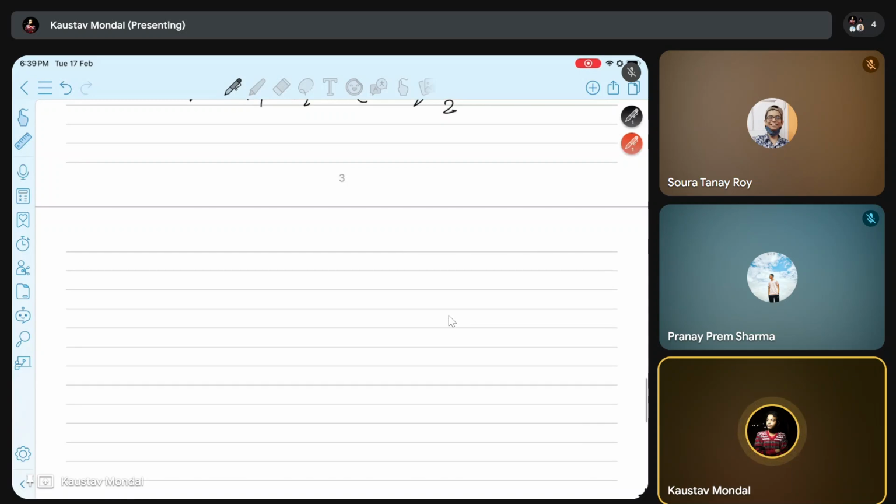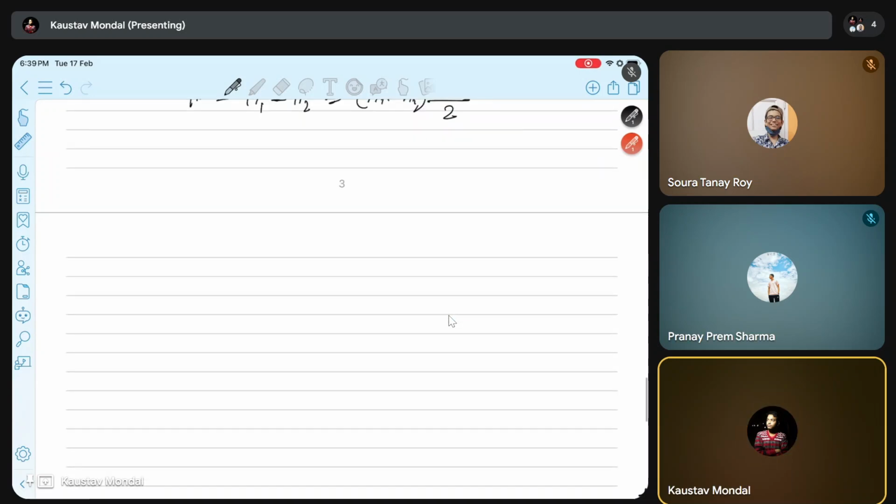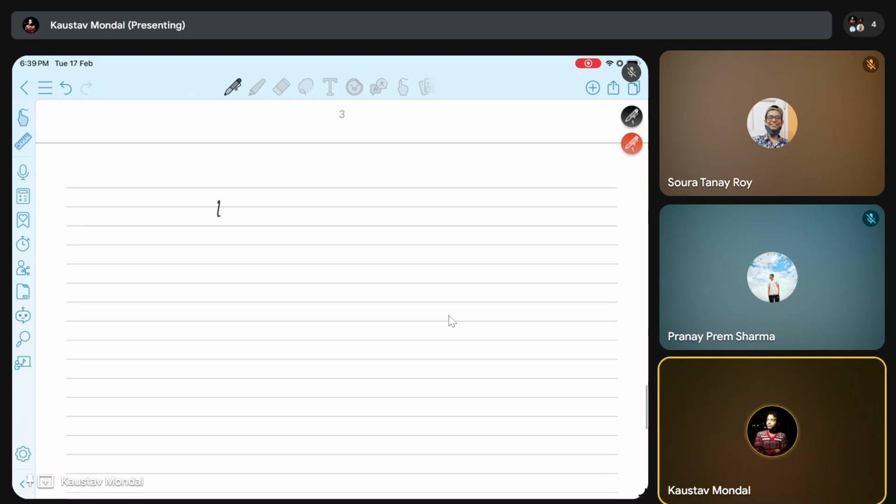Now from this you can calculate the flux of the particle. Flux is the number of particles moving per unit area and time, so you have to divide the net number by tau into a. This gives you the flux, that is (n1 minus n2) r by 2 tau.